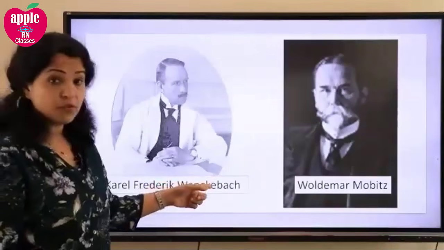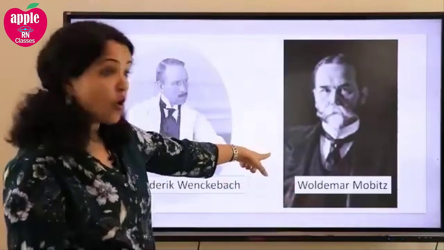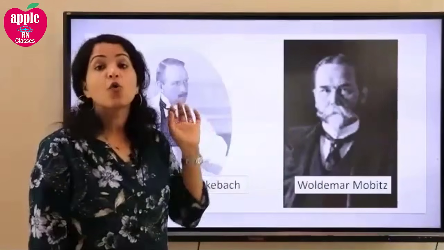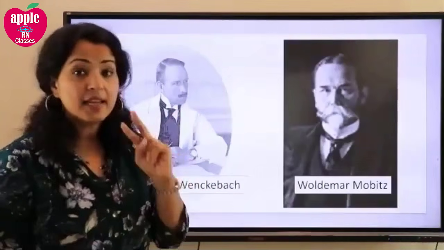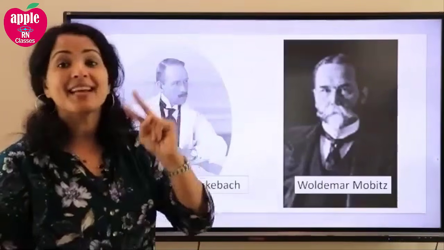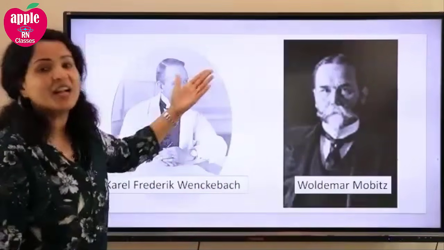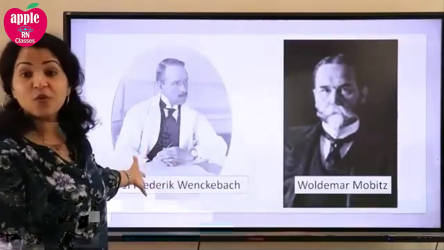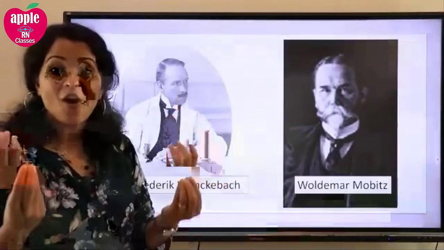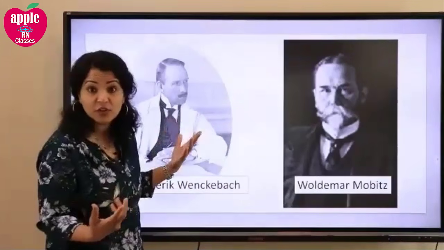If you're a Harry Potter fan, it's similar to Voldemort, kind of like that. But this cardiologist is the one who made it into two kinds. He figured out that in the second degree, there are two kinds, type 1 and type 2. So we gave his name to it, Mobitz 1 and Mobitz 2. So now you know why there is Wenckebach and Mobitz. It's just the names of the people who actually figured it out. And that's a great invention, right?